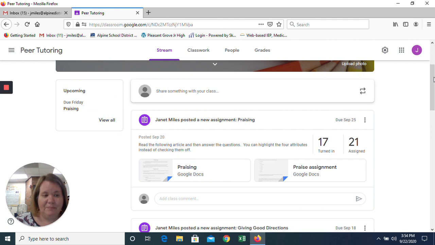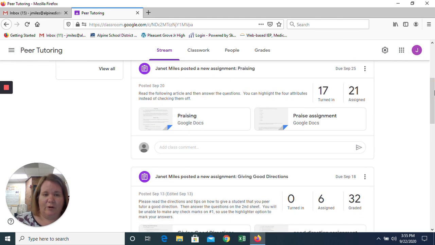It is called Praising. And same thing, they have to read an article about the 4 tips that they could use to make a good praise statement when they're working with someone in my class. And then they had to answer some questions on a separate assignment. So those are the only written assignments that I've assigned so far in my peer tutoring class.